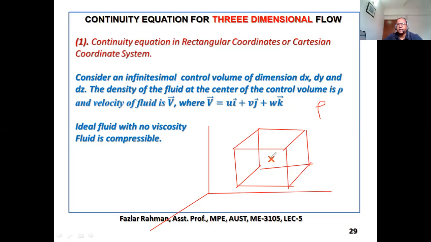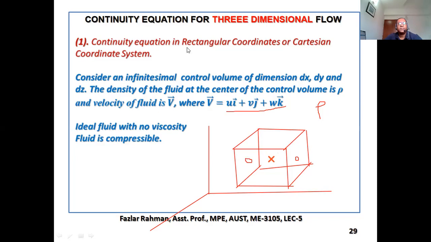So if the velocity of the fluid element at the center of the control volume is this one, then the density at the inlet face is not the same as at the center, nor at the outlet face.